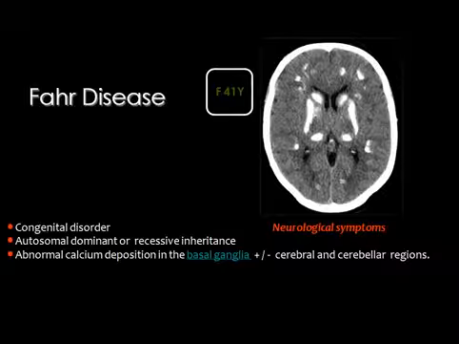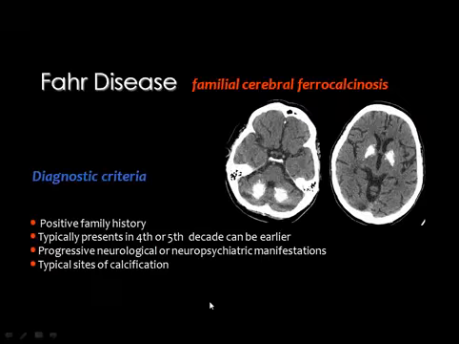Then we came to Fahr disease, and this is a congenital disorder which may appear as an autosomal dominant or recessive inheritance. The main feature of this disease is the bilateral symmetrical calcification of the basal ganglia, which may affect also the cerebral and the cerebellar regions.